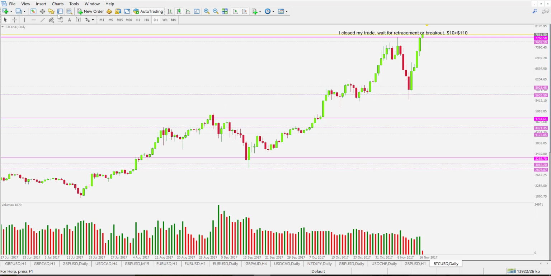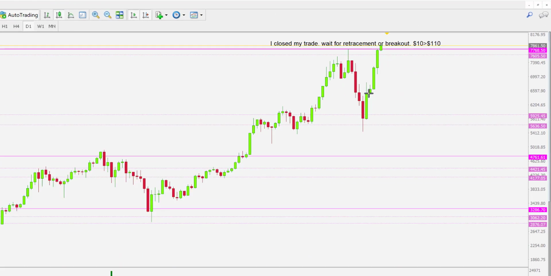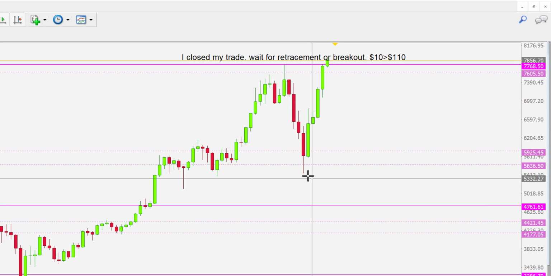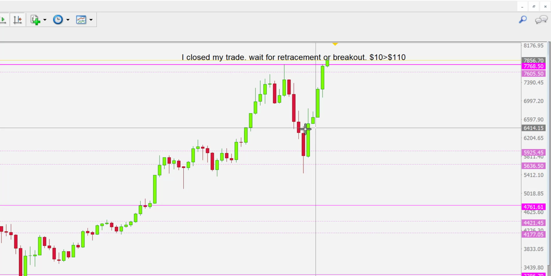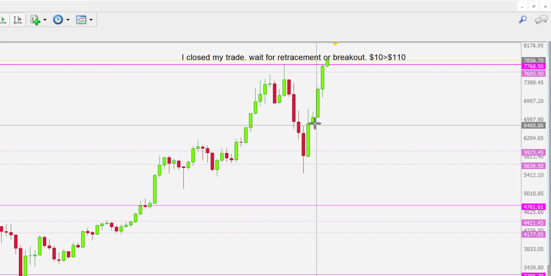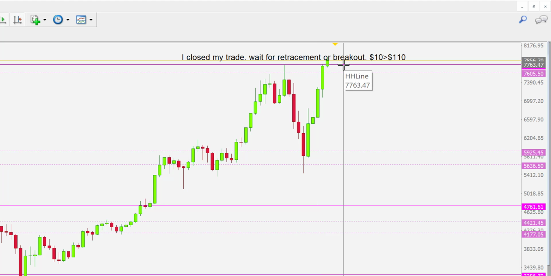Now, if you look at the Bitcoin, why did I get out of that trade? So I got in at this point here, at this level here, after we had that retracement and price closed above that bar. I was on this trade up to this point yesterday, and I came out. For obvious reasons, I'm out because this is a major level of resistance formed over the past 5 years, and so I may be cautious because I can see what price did here twice.